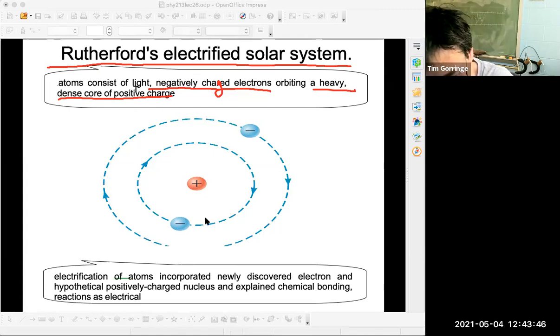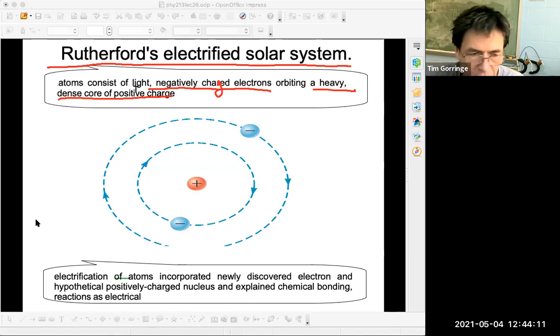And here's a little picture of the solar system model of the atom. In the center here in red, that's the positively charged nucleus of the atom. It's where essentially all the mass is, and the positive charges. And then the electrons are orbiting around the positive charge. They're very light, but they carry charge.